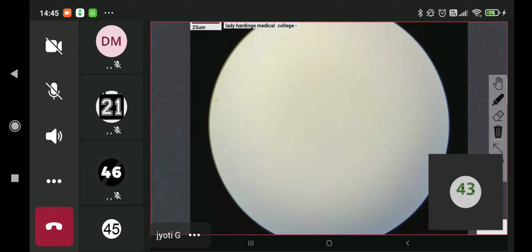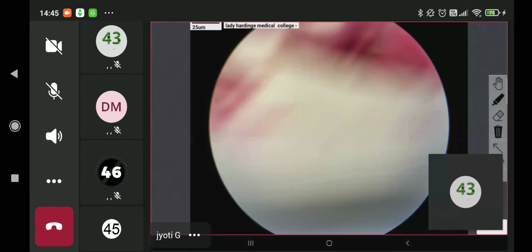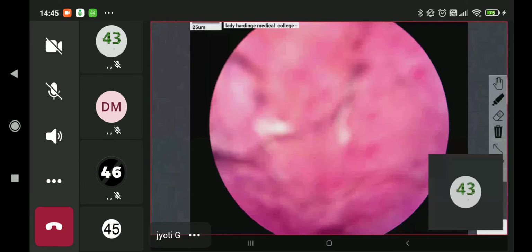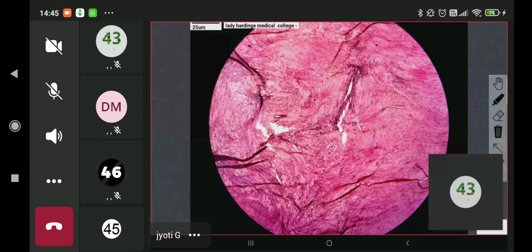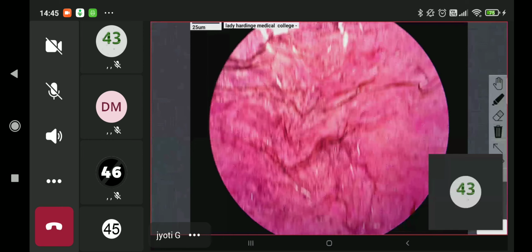So I have to show you leiomyoma also, sir. And not a very good slide.